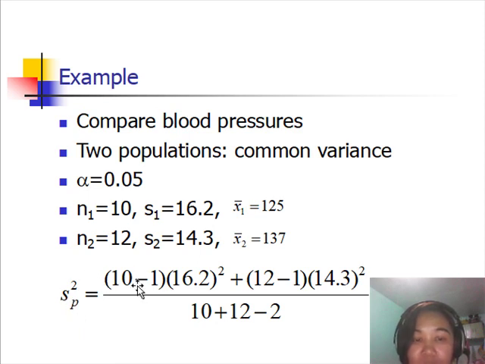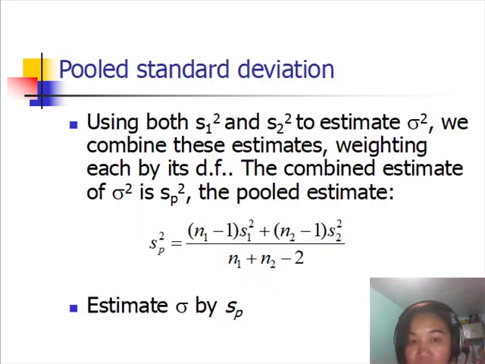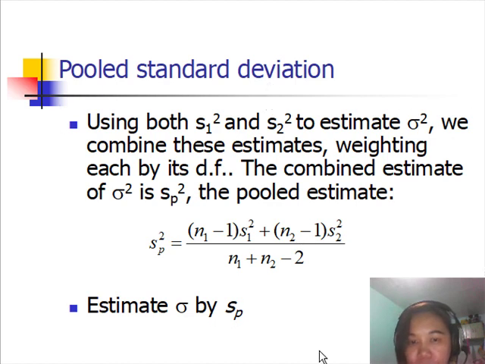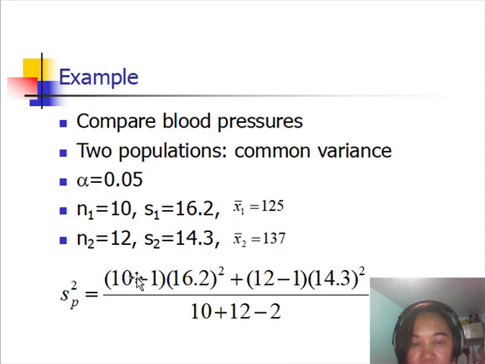Take note, this is n sub 1 minus 1, then the sample variance of group 1, then the sample variance of group 2. Okay? So we have here 10 minus 1, and 16.2 is S sub 1, so we will square it to make it variance.